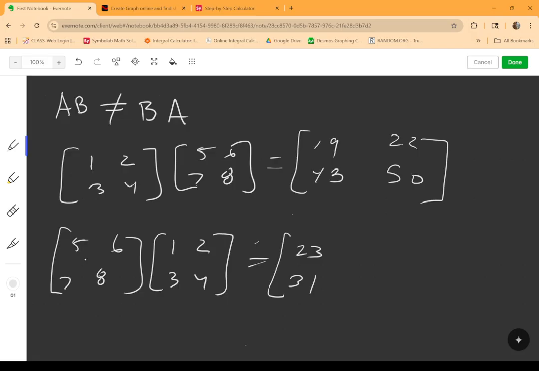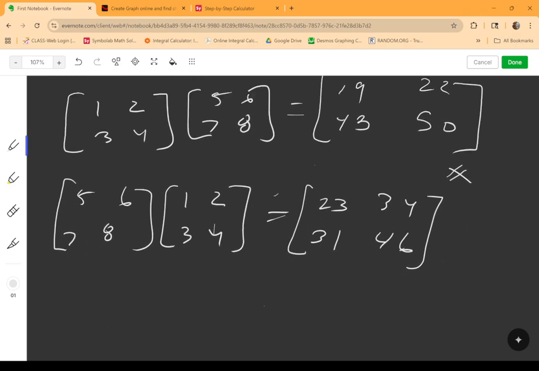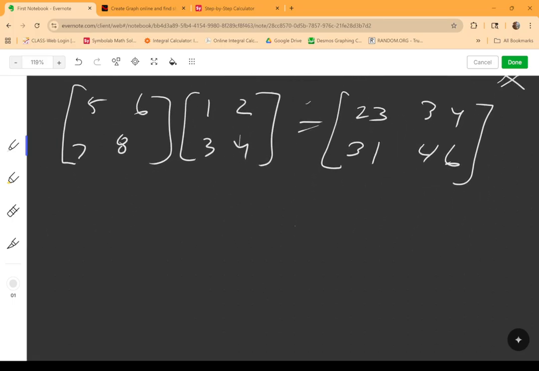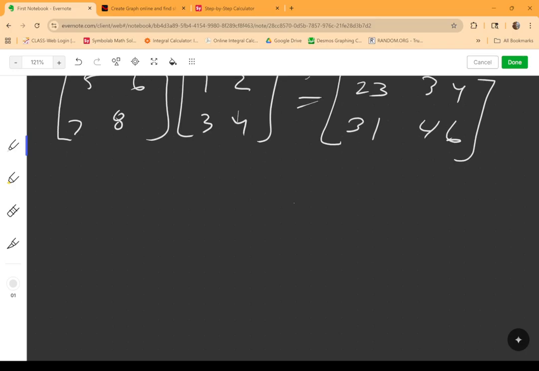Then first row, second column, that's 10 plus 24 is 34. And lastly, second row, second column, 14 plus 32, and that gives me 46. We can see here, not equal to each other. So sometimes not even defined, and in most cases we can assume that it will not even be the same matrix.